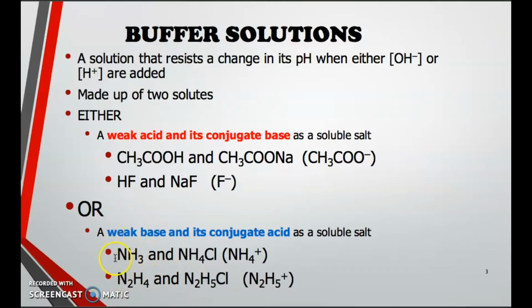This is the ammonia and ammonium chloride, and this is the hydrazine and hydrazinium chloride.